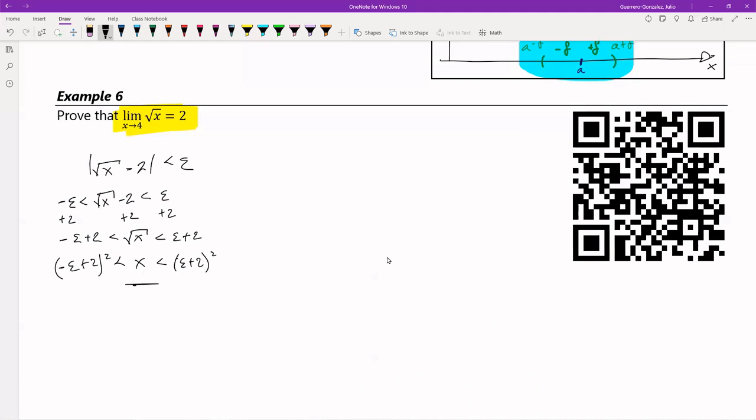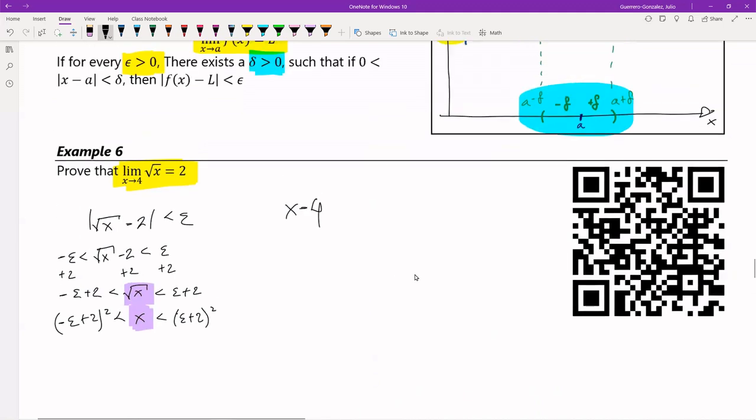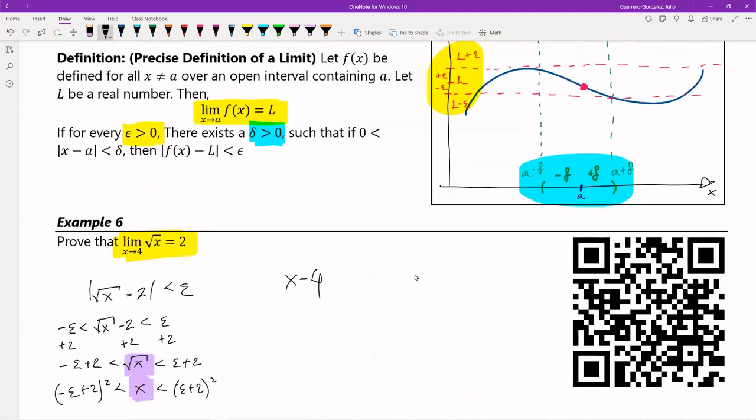Now I want, in this middle portion, let me highlight it in purple, I need to get something that looks like x minus 4. If you take a look at the definition of a limit, this is the thing that we're looking for. So we need to get something that looks like x minus 4. In our case, our a is 4.